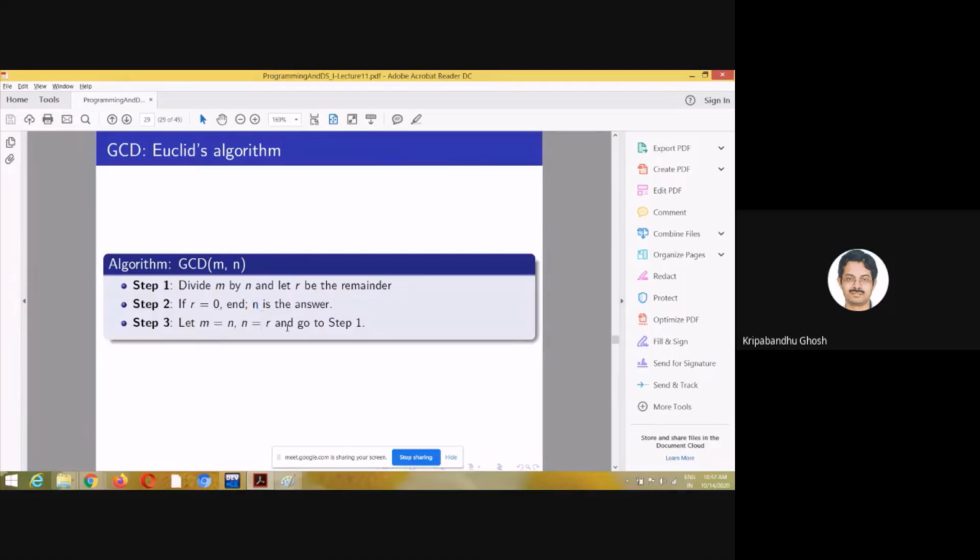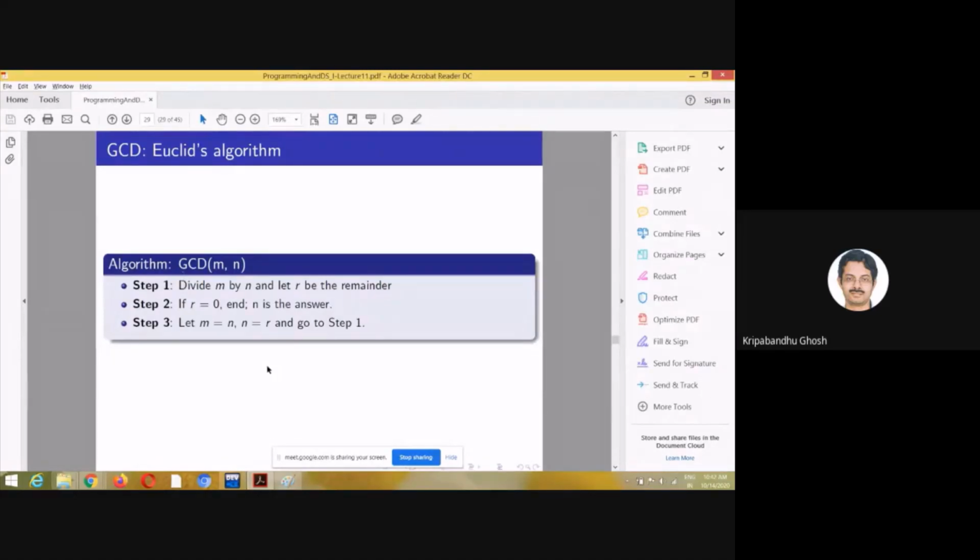By back calculation, you can easily show that N is also the GCD of the original M and N with which you started, because this N will divide both the original M and N. The proof is very simple. So this is the proof of correctness of the GCD algorithm.